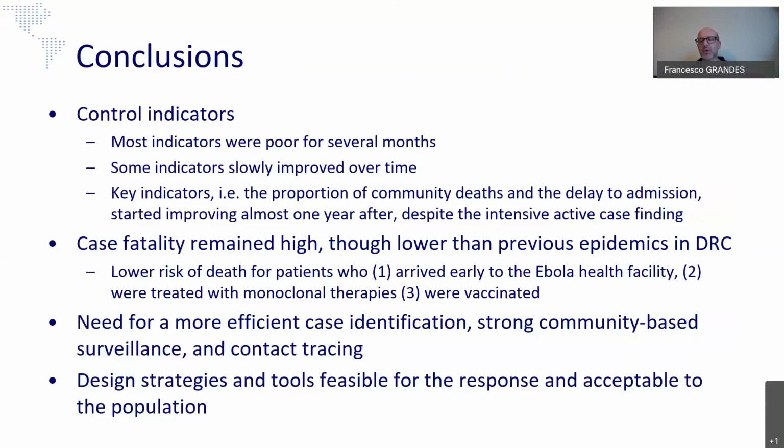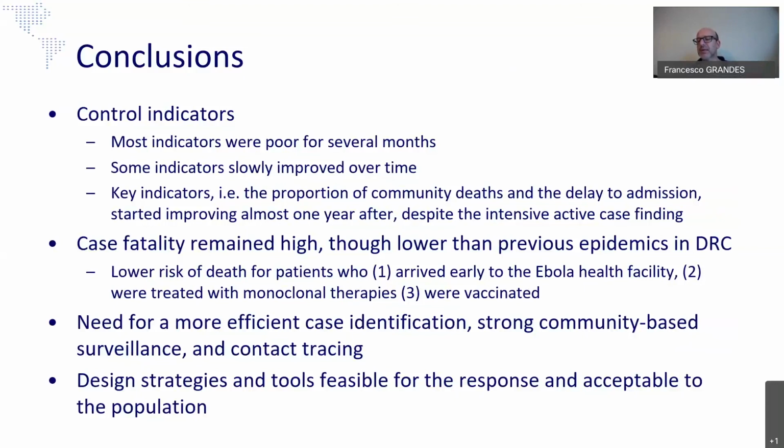Case fatality was lower among cases who arrived earlier to the Ebola health facility, cases who were treated with monoclonal therapies, and cases who were vaccinated. Nevertheless, the long period with a high proportion of cases that were unknown contacts and deaths in the community, and the long delay from symptom onset to admission, compromise the potential benefit of newly available vaccine and treatment.